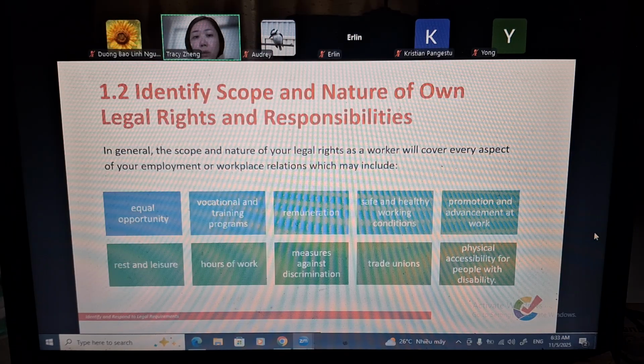If any of the workers have a disability, the employer should also fully support people with disability in the workplace as well. So those are our basic and also important legal rights. I think every worker should know what our legal rights are. Yeah.